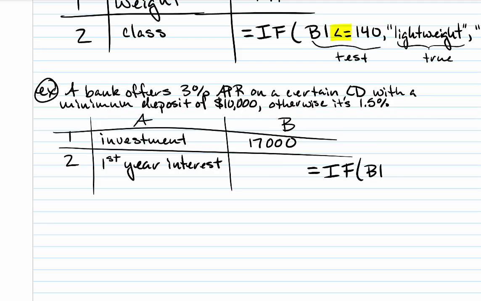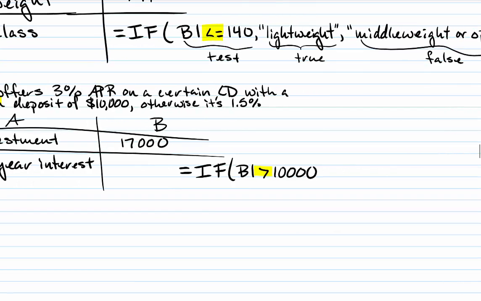So if we're investing $17,000, what we would want to put in this cell is an IF function. If B1 is greater than 10,000, because that was the minimum deposit, the interest that will be earned is B1 times 3% if that evaluates to true.